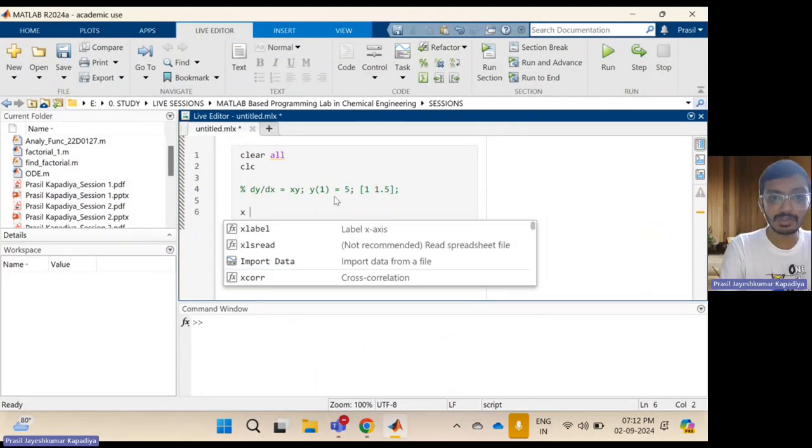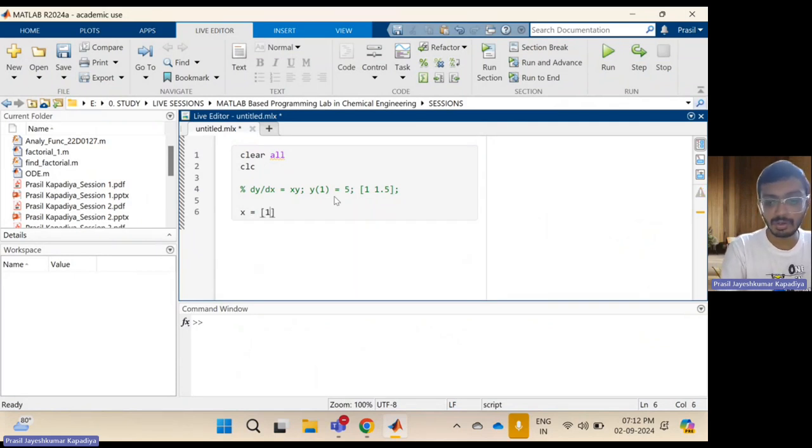So let's solve this first using Euler's method. I'm re-showing it, 0.1 to 1.5. My h will be the second value of x minus the first value of x, and y of 1 is equal to 5. Correct?